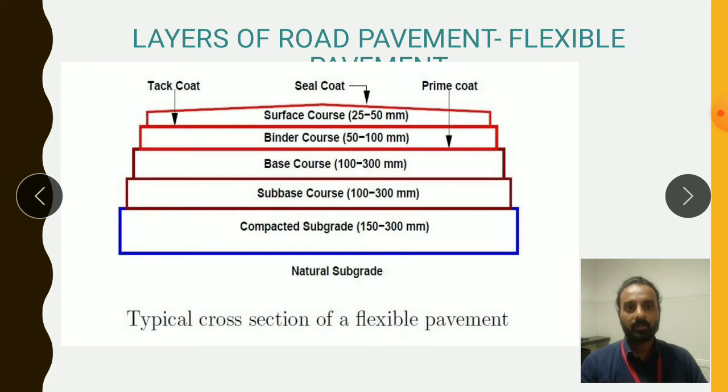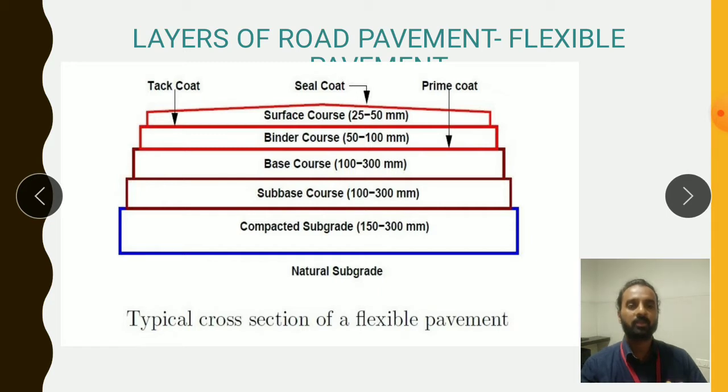Then come three major layers. First is the wearing course, which includes surface and binder. Second is the base course, third is the subbase course, and last is the compacted subgrade.